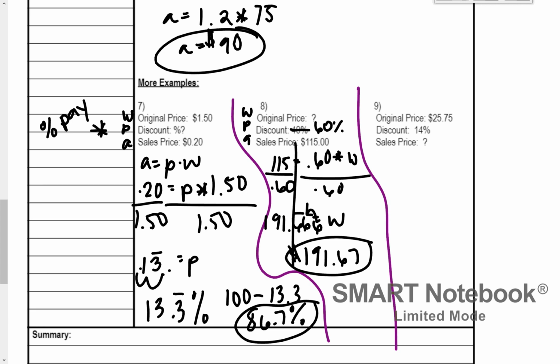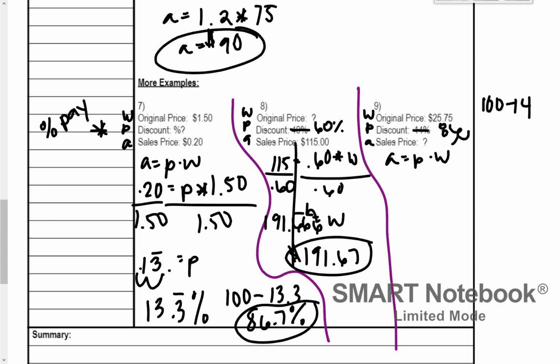Right. Last one. Again, we have our whole, our percent, our part. We have our equation. Forgot to write my equation over here. We have our discount. Remember, we don't want our discount percent. We want the percent we're paying. So we're going to take 100 minus 14 to get the percent that we are paying, which is 86.